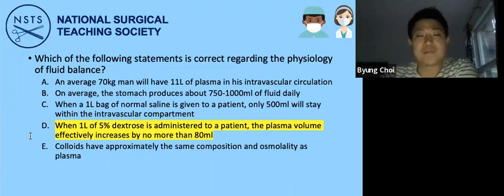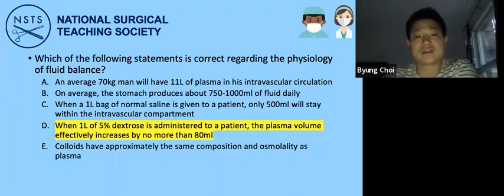For saline, about 25% is a good ballpark to remember of the volume that you give that will stay in the intravascular space. So if you give a liter, you'll have about 250 mils. So 500 mils is a bit too high. That's half of the volume, but it won't stay.